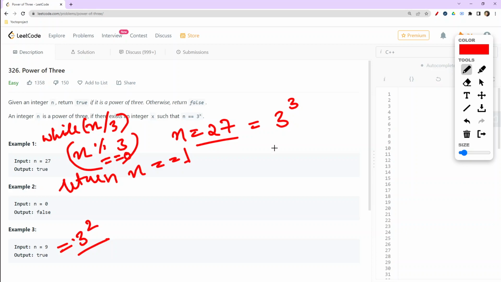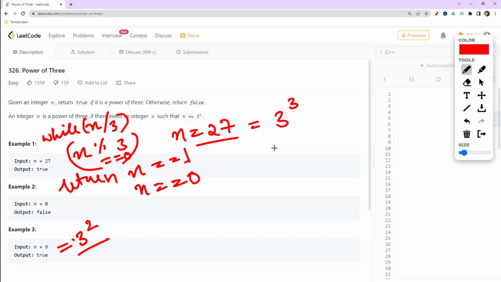If n equals 1, that simply means it was divisible by 3. If it is equal to 0, that simply means it was not divisible by 3, that's why now n has become 0. So this is how we would be doing it with the loop.